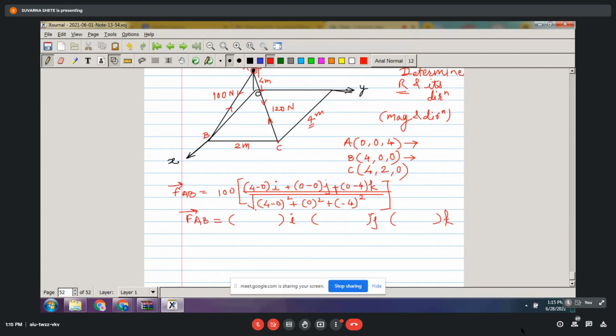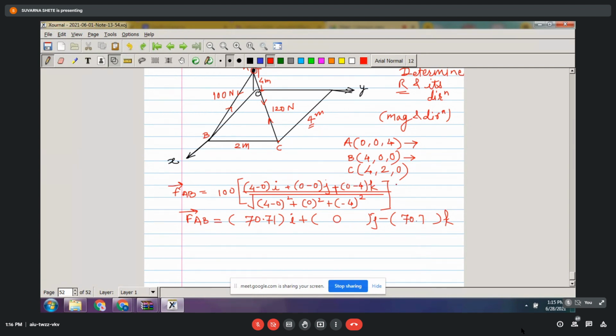Not 50 root 2, I want the complete calculated value. 70.71 i plus 0 j minus 70.71 k. Are you getting this value? Yes, ma'am.